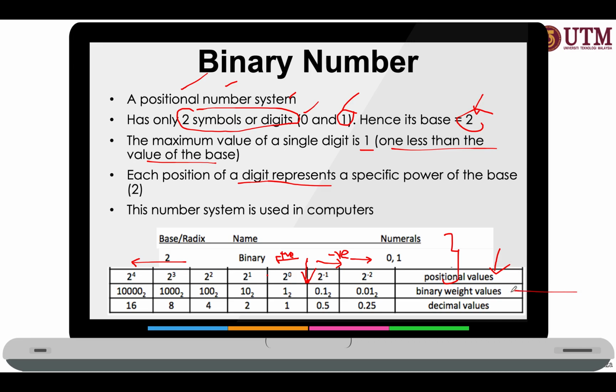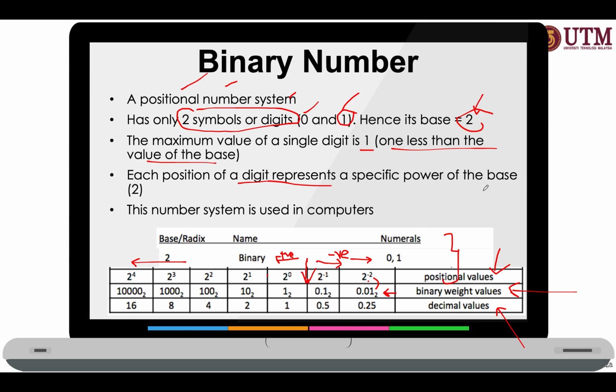And then about the binary value and also the decimal value over here, where you're going to convert, you need to multiply by the numbering there, but this one is on the weight of the value.